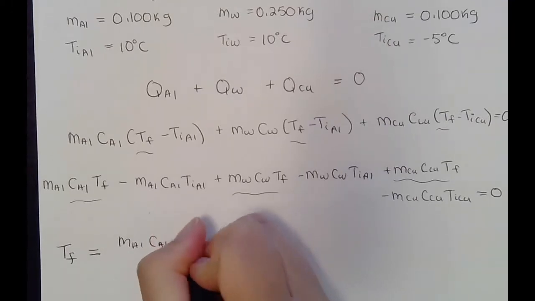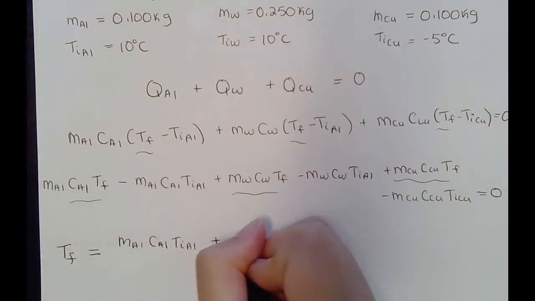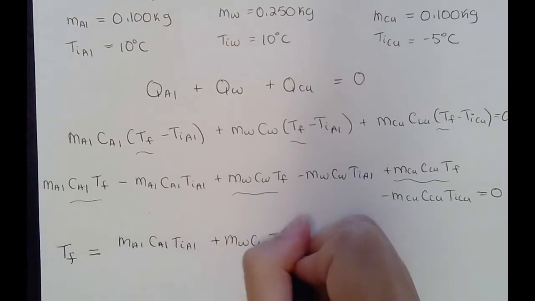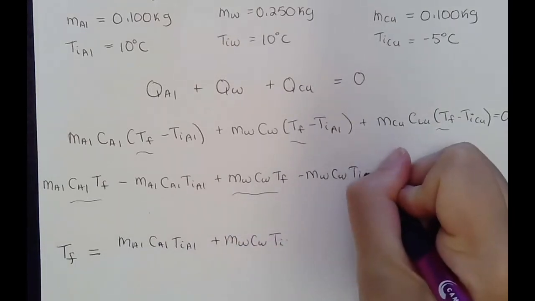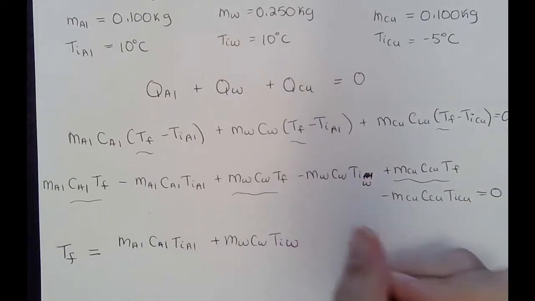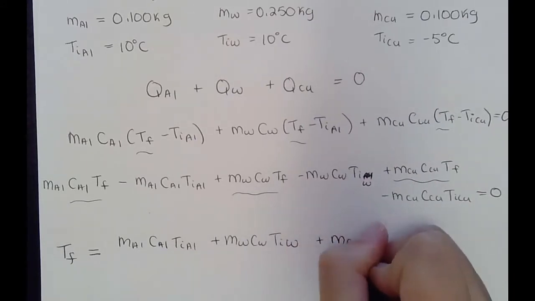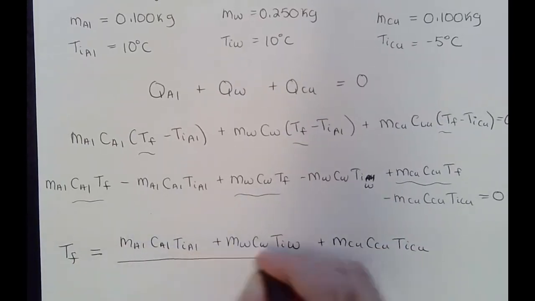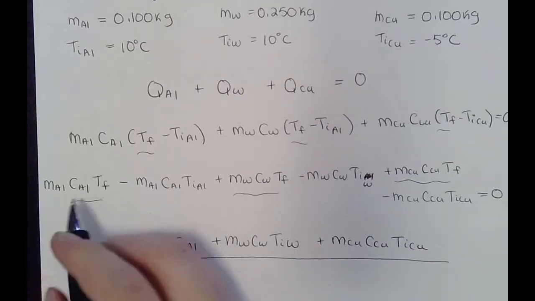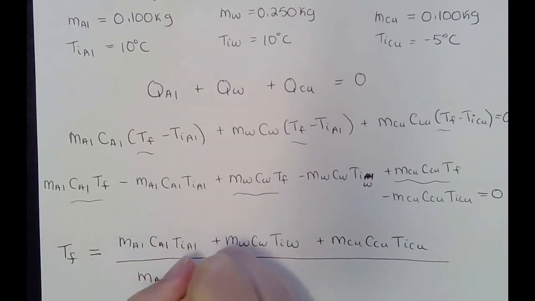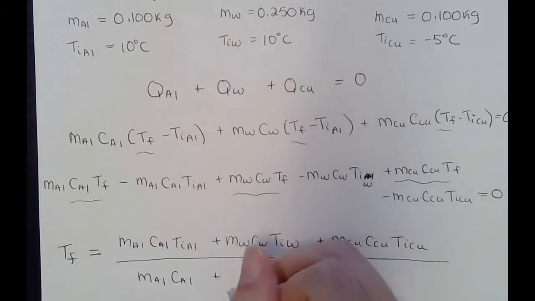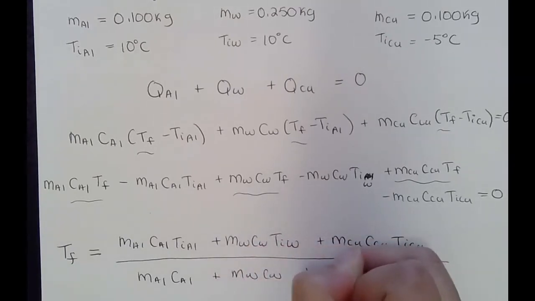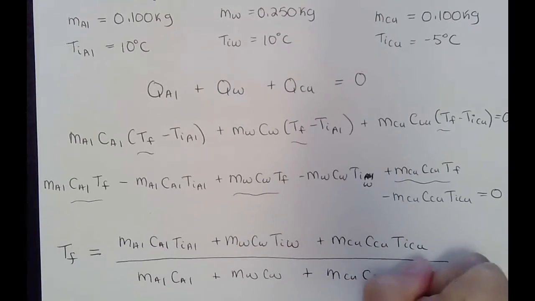M aluminum, C aluminum, TI aluminum plus M water, C water, TI water, and then plus M copper, C copper, TI copper. Okay, and that's all over these coefficients when we divide out to isolate TF. So M aluminum, C aluminum, plus M water, C water, plus M copper, C copper.